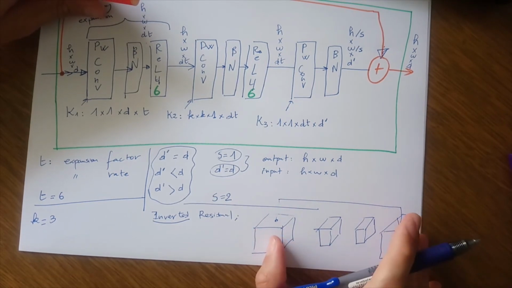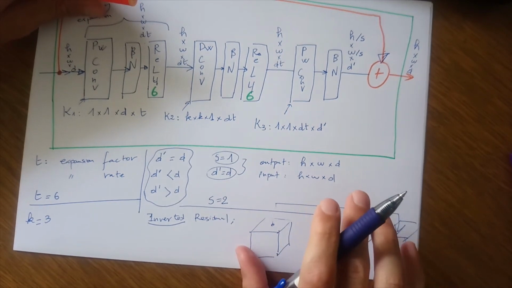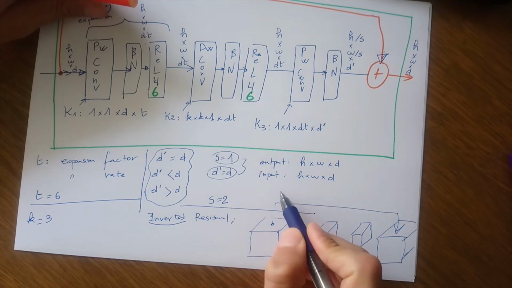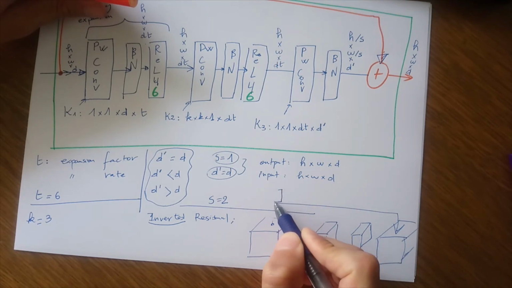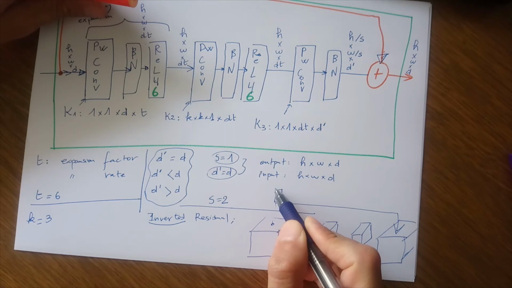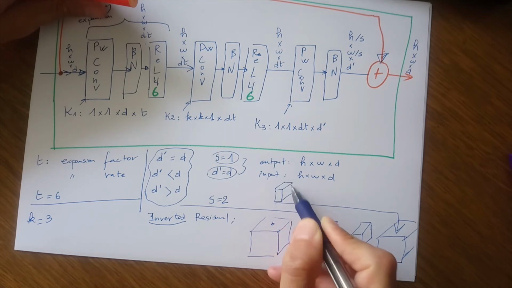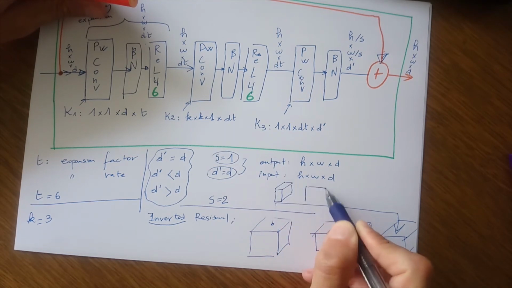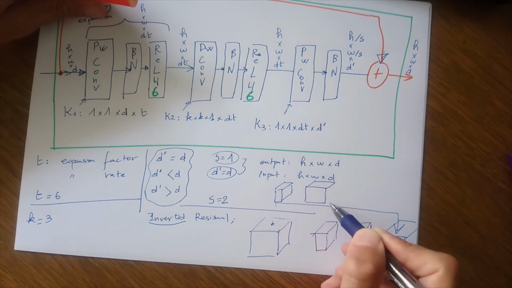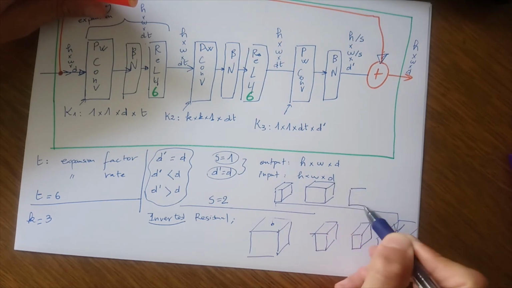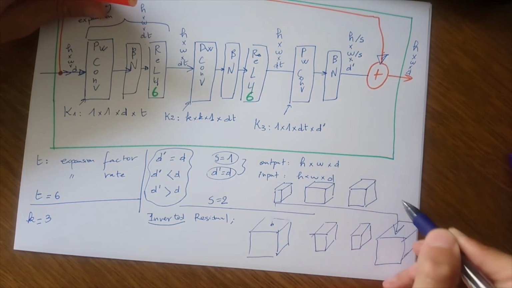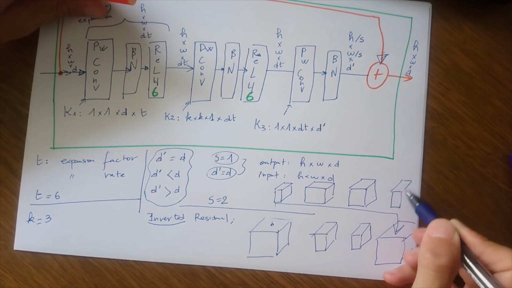But in this case, they inverted that. Instead of doing that, the architecture looks like this. They have thin activations, then thick activations, then again a thin activation.